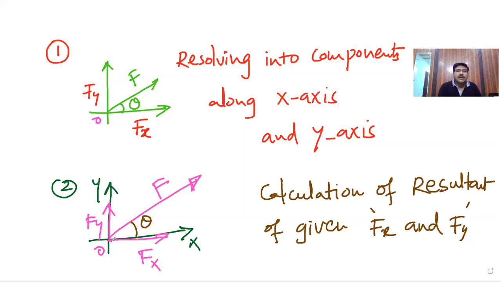And this is also Fx along the x-axis, Fy along the y-axis given, and the resultant is in between them. Okay. These horizontal and vertical components, in perpendicular directions, are known as rectangular components.